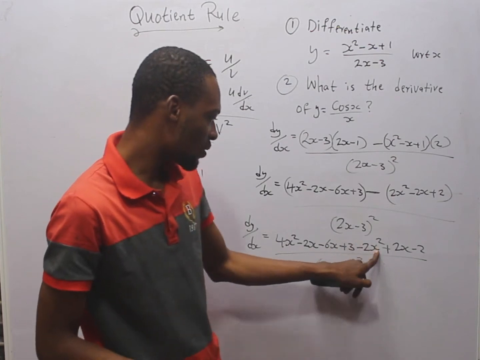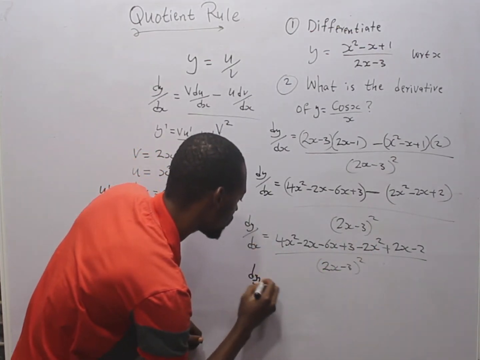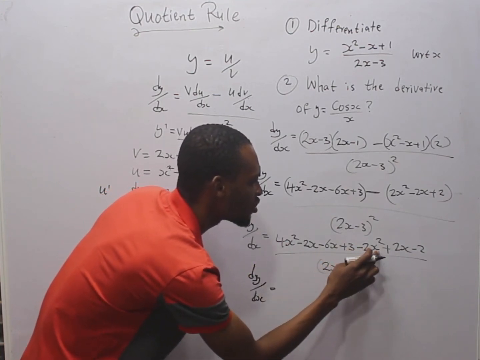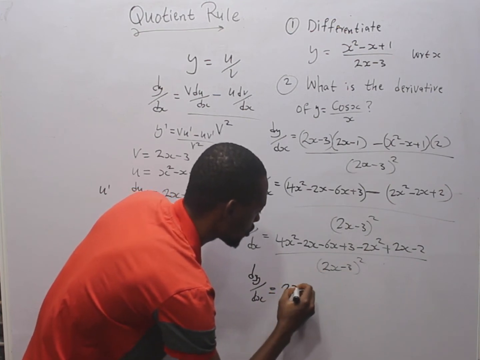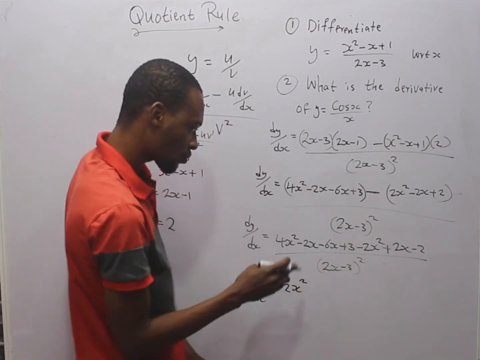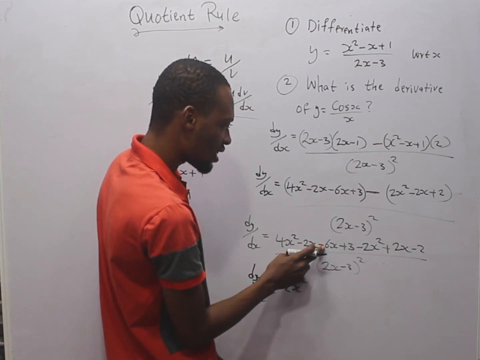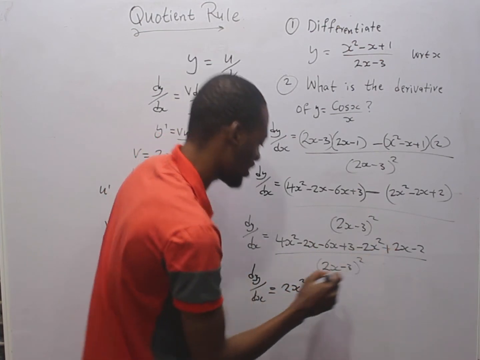s squared and s squared. So this is dy over ds equals 4s squared minus 2s squared, that will give you 2s squared. Minus 2s minus 6s, that's minus 8s. Minus 8s plus 2s is minus 6s.